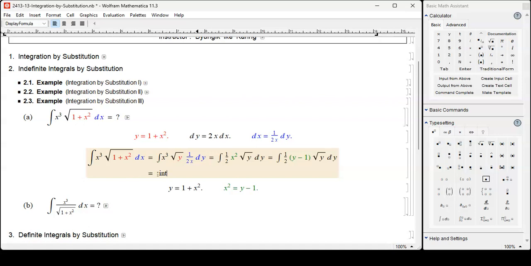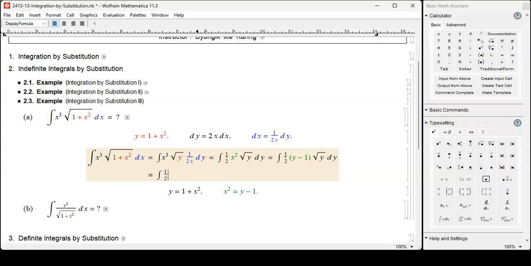And that's the integral, let's see, 1/2, and then distribute y. Then I'm going to get y to the 3/2 power, and then y to the 1/2 power. Looks like that's what I'm going to get.